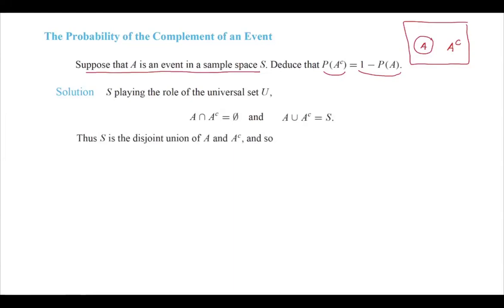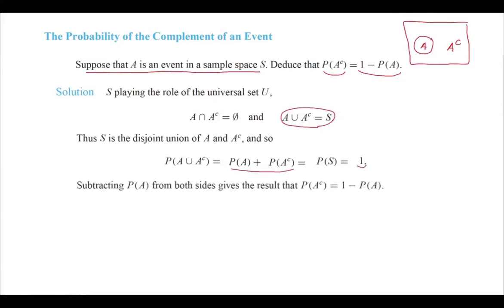Since A and A complement are disjoint, the third axiom says the probability of A union its complement is equal to the probability of the first set plus the probability of the second set, which is equal to the probability of the sample space, because they are forming the sample space. That is equal to 1. So far we have the probability of A plus the probability of its complement equal to 1.